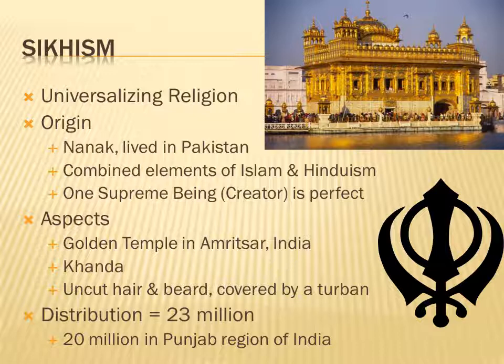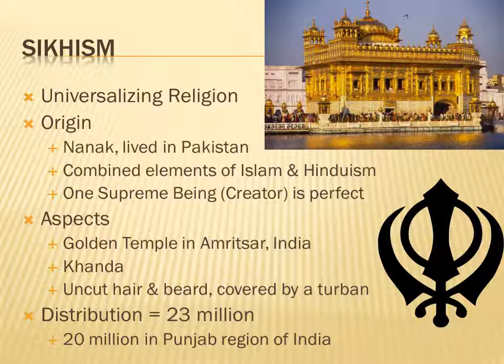One of the core elements of Sikhism is that there is a single supreme being, who is the creator, and that creator is perfect. And we work towards becoming perfect like that creator.